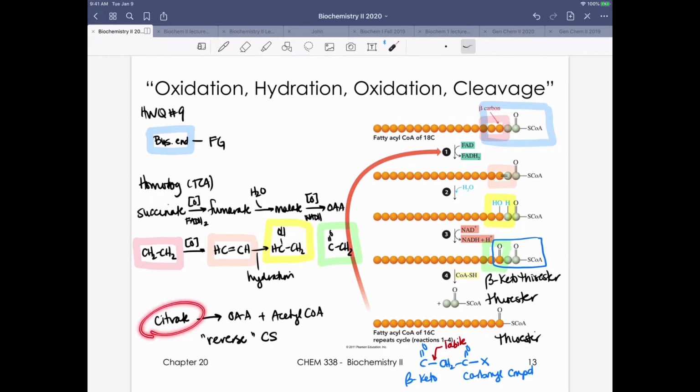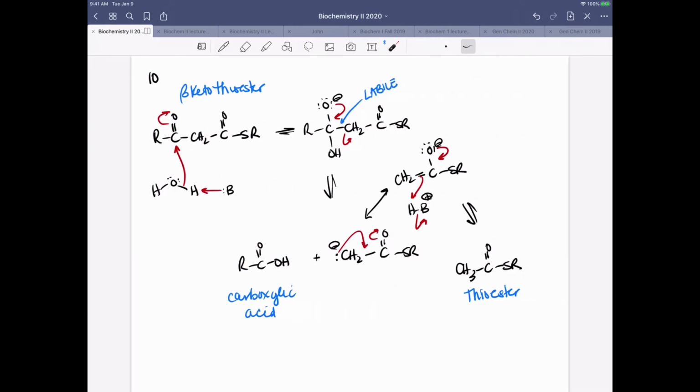So remember, citrate was made from oxaloacetate and acetyl-CoA. If we reverse that process and we want to break those apart, we're going to be thinking about that as being reverse citrate synthase chemistry. And maybe you remember from our citric acid cycle chapter, condensing oxaloacetate and acetyl-CoA was what we call a Claisen condensation. So this is actually going to be a reverse Claisen condensation to do this cleavage chemistry.